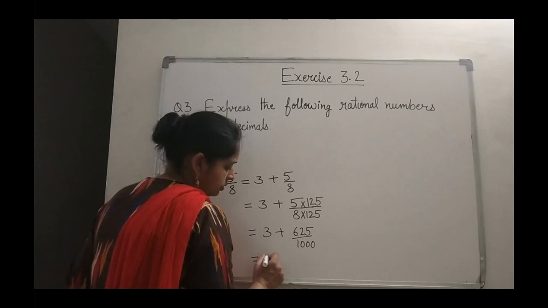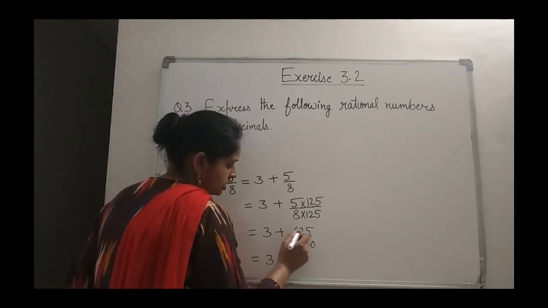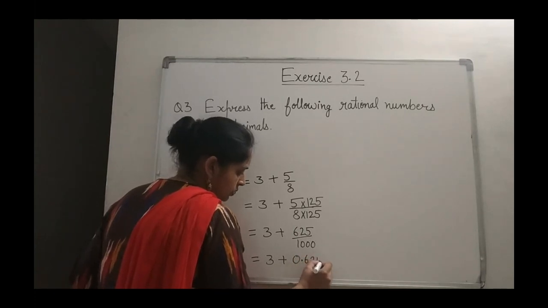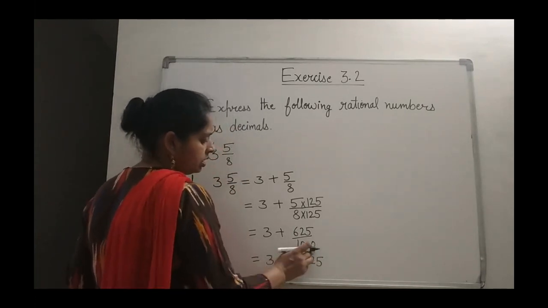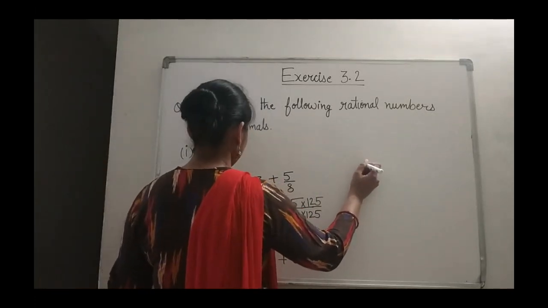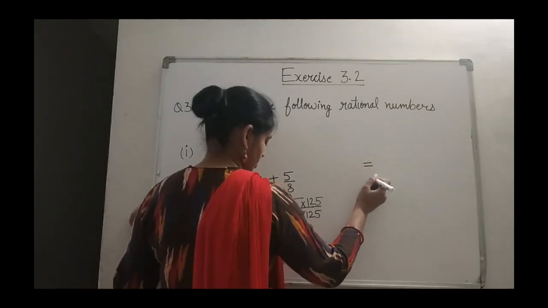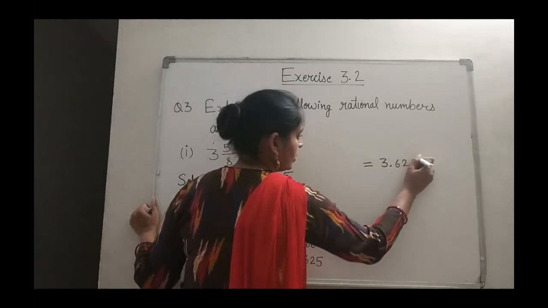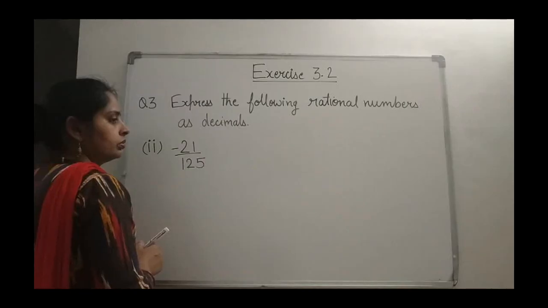This is equal to 3 plus 625 upon 1000, which will give you 0.625, because 3 decimal places will be there, because 3 zeros are there. So the answer will be 3.625. This will be your decimal number.